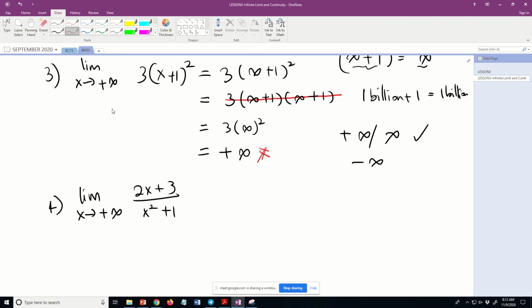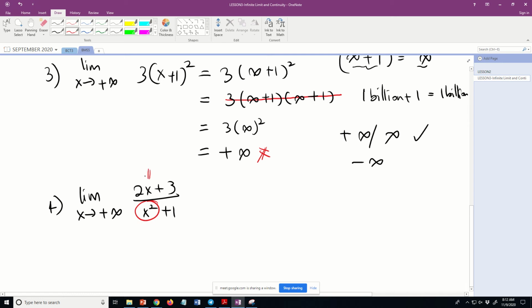Okay, what I suggest here, to do this question, is to go with the x of the denominator. The greater power of x. Let's say now it is x square, plus 1. So go with x square. If you divide everything by x square, it is easy to go. Rather than you choose the numerator.